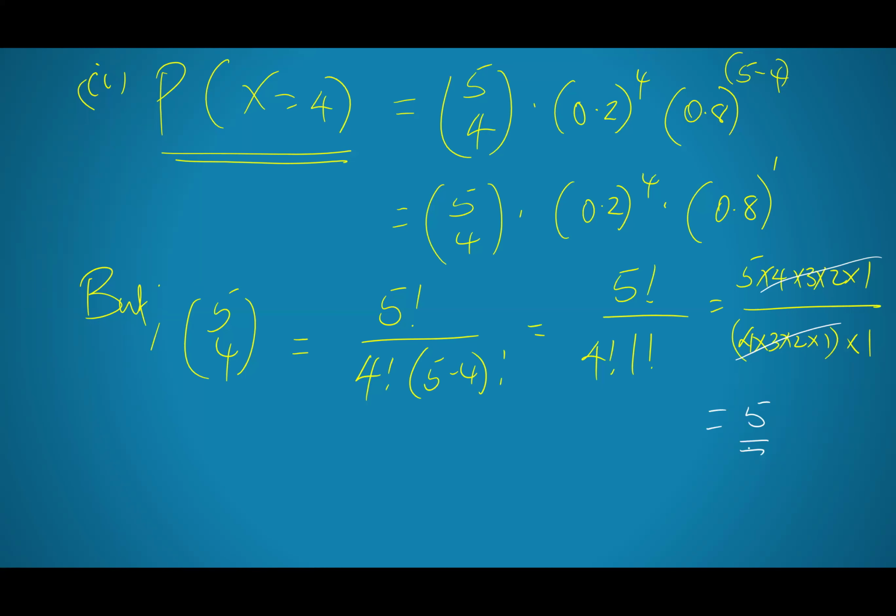Assuming I have a calculator, it's even much better that you feed the factorial into the calculator. How can I do that? I'm going to share a lecture video, a YouTube video, to show you how to get the factorial from your calculator. No questions asked. You just feed in 5, 4.